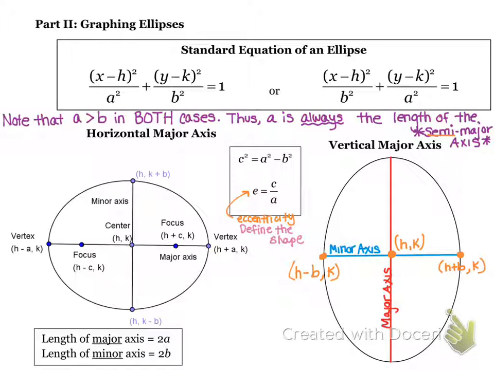For the major axis, we know that it's going to be a. So down here, we have h comma k minus a. And above, we're going to have h comma k plus a.